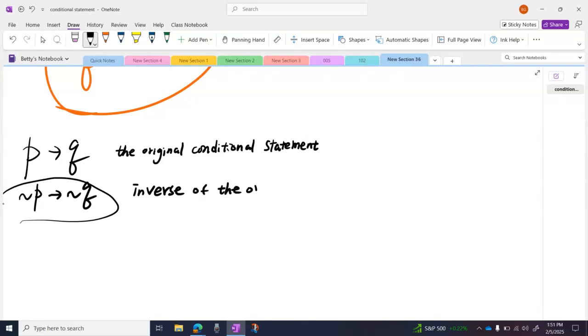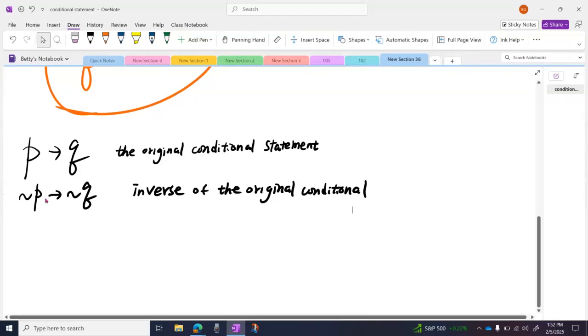of the original conditional statement, right? If we negate both antecedent and consequent of a conditional, we get the inverse of the original conditional.